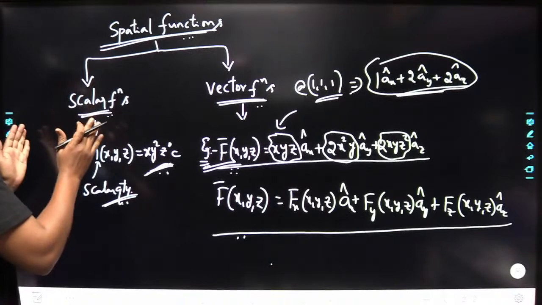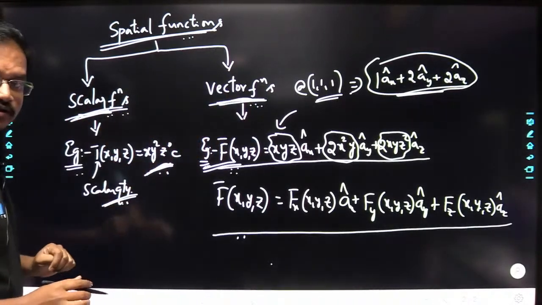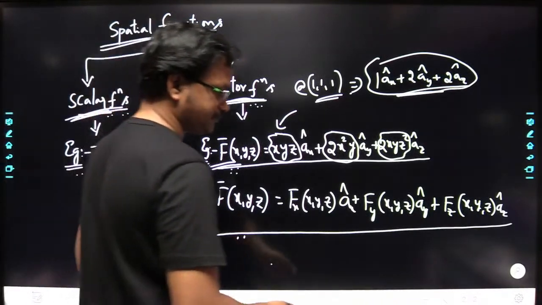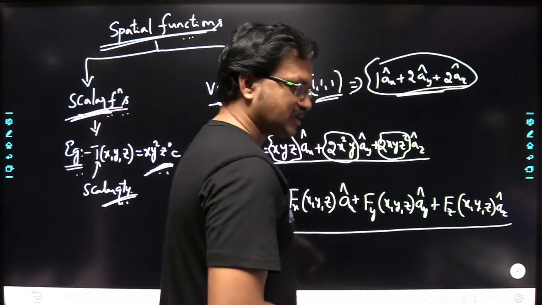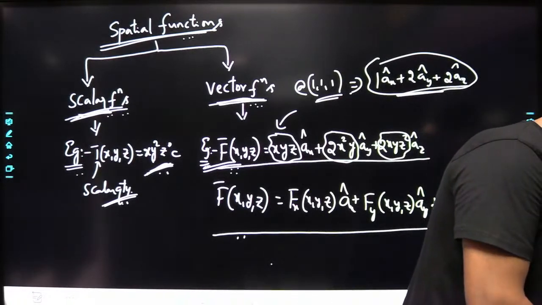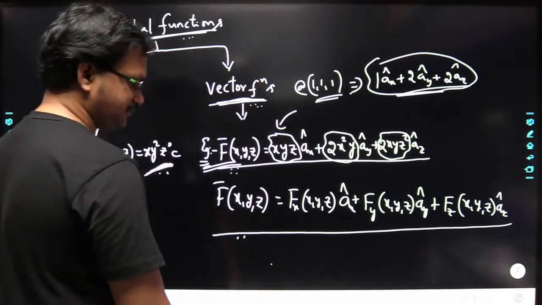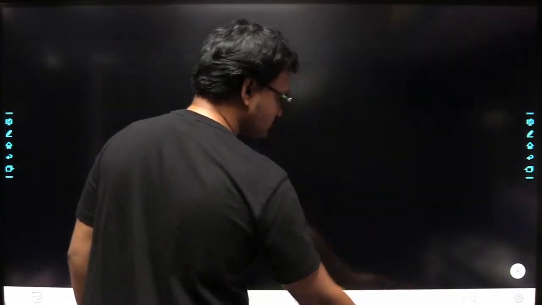That is the difference between a scalar function and a vector function, right? I hope it is clear. Next, see here.